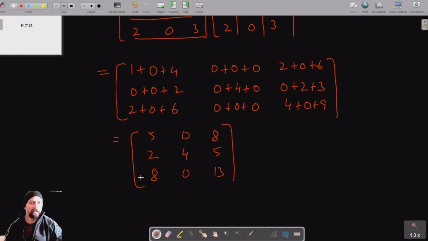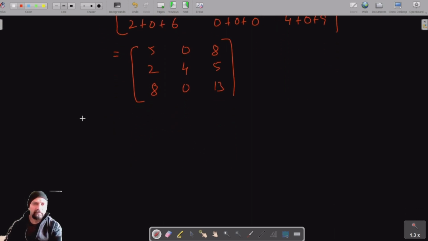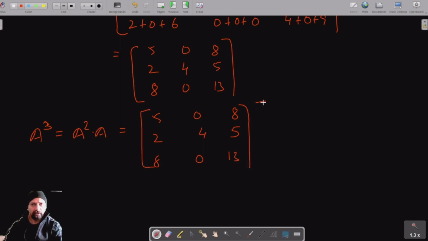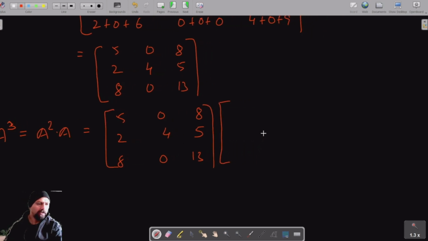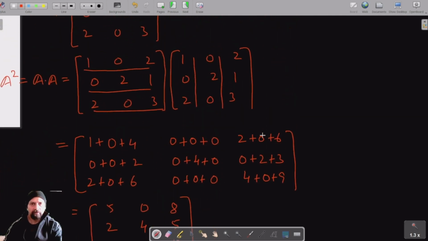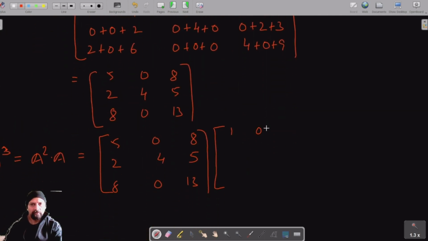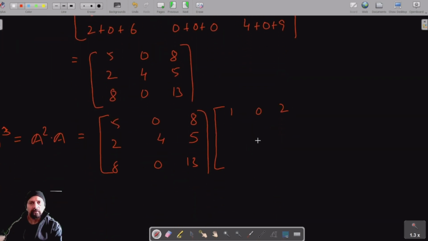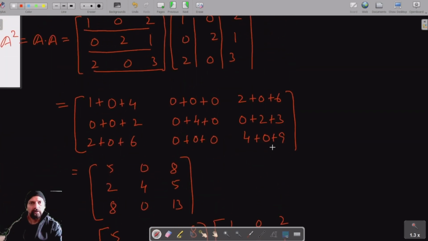So we will multiply A square with A. So let's find out A cube, which is A square into A. So we have the value of A square, which is 5, 0, 8, 2, 4, 5, 8, 0, 13. This has to be multiplied with A, and the value of A is 1, 0, 2, 0, 2, 1, and 2, 0, 3.